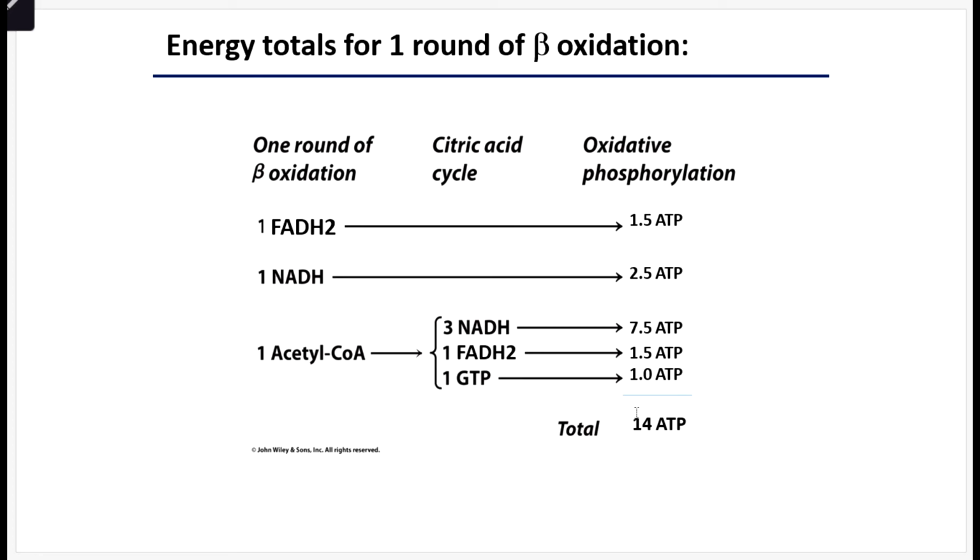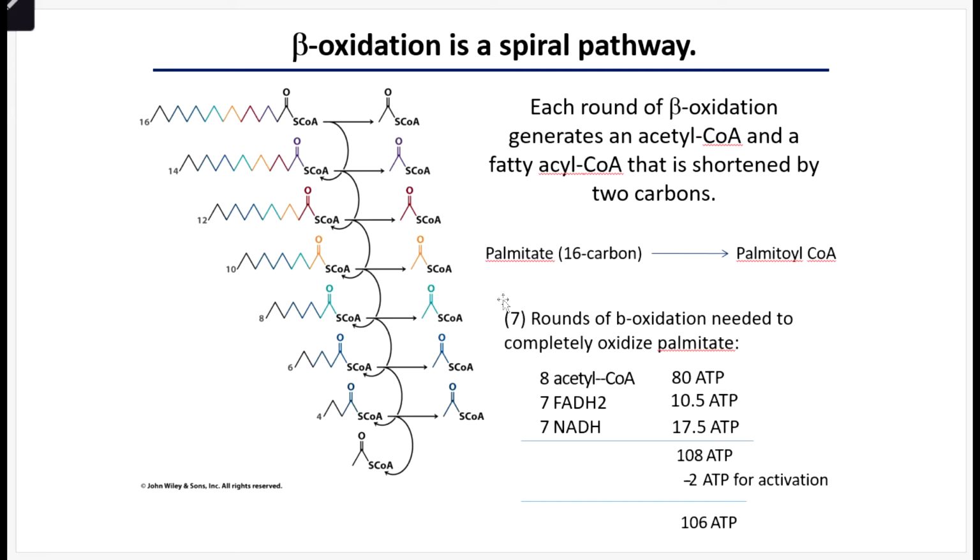And so if you funnel all of those reduced electron carriers into the electron transport chain and use oxidative phosphorylation to make ATP, you can generate 14 ATP molecules by oxidizing just 2 of the carbons from a fatty acid chain. And so one round of beta oxidation is responsible for generating 14 ATPs.